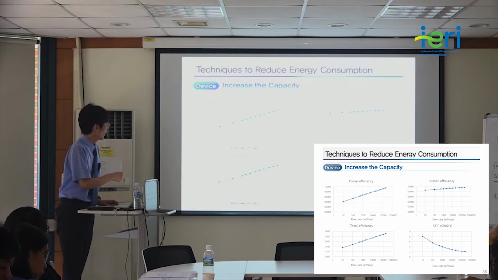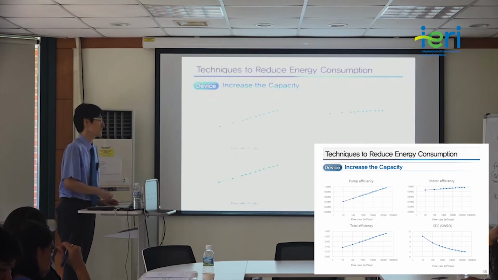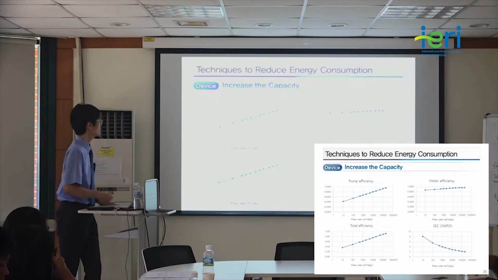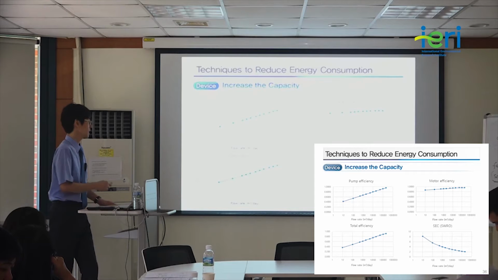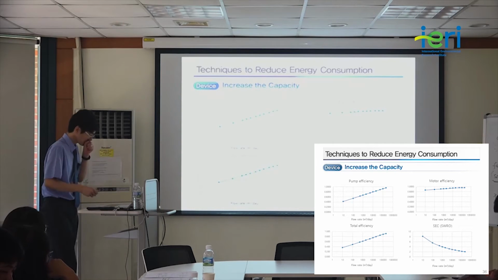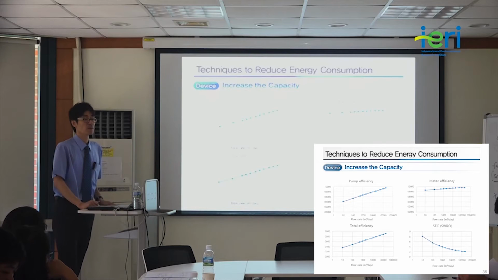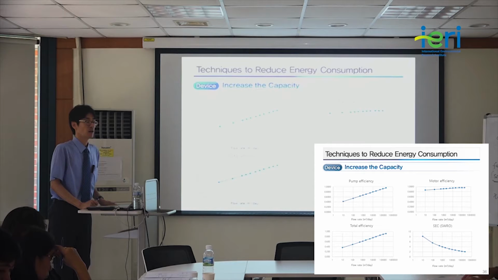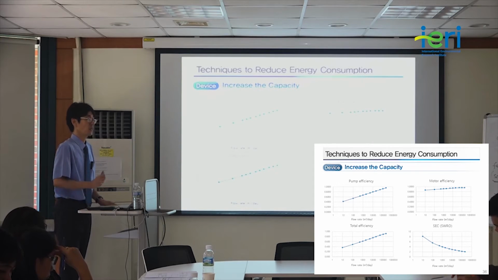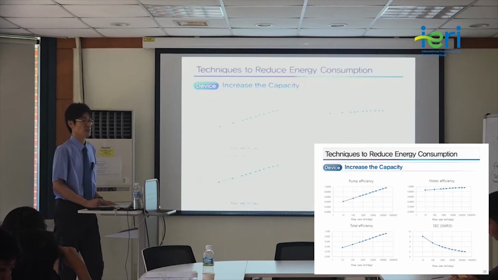So again, if you have a very small scale pump, the efficiency is less than 0.4, and if you increase the pump size, you'll have higher efficiency. This is one of the reasons why we cannot decrease the specific energy consumption in a small-scale desalination system.